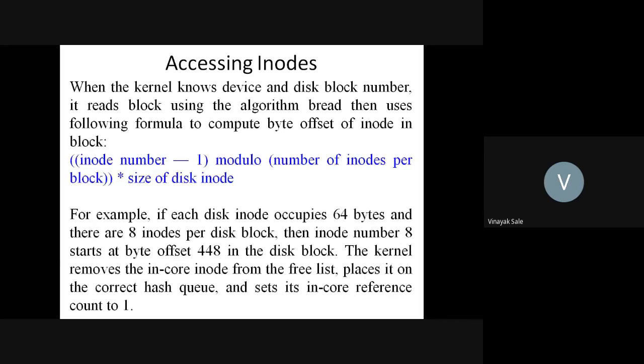For example, here each disk inode occupies 64 bytes and there are 8 inodes per disk block. Then inode number 8 starts at offset 448 in the disk block.